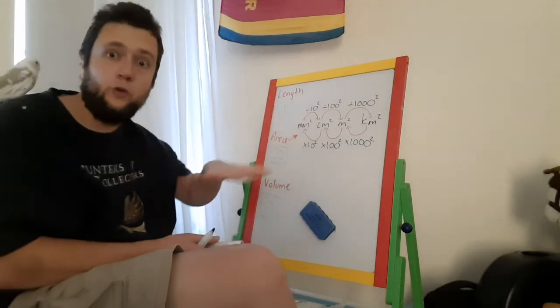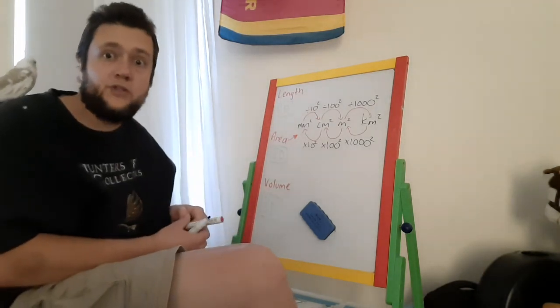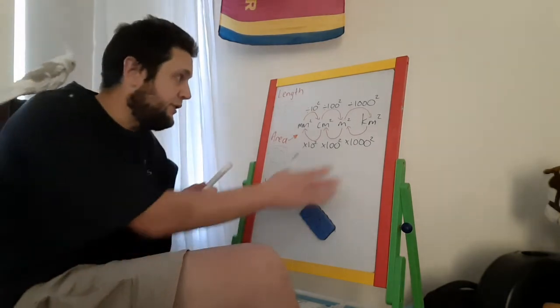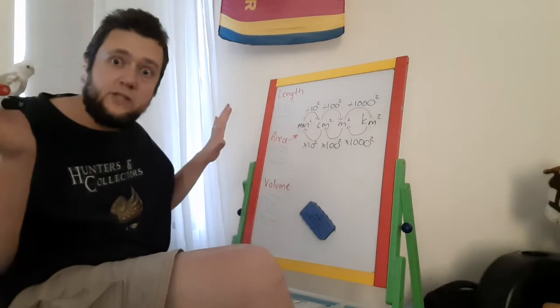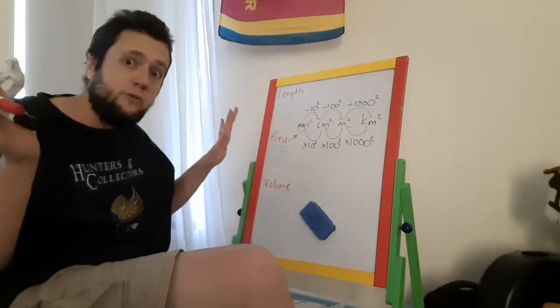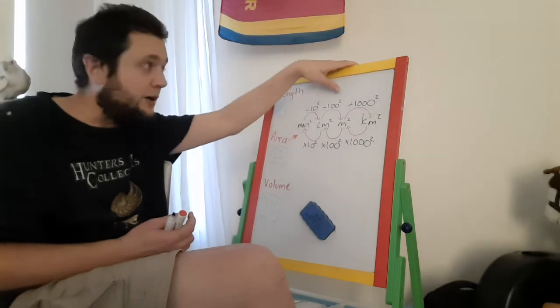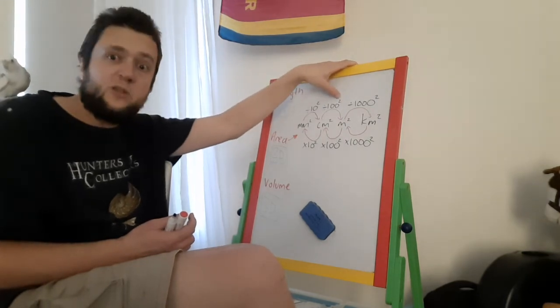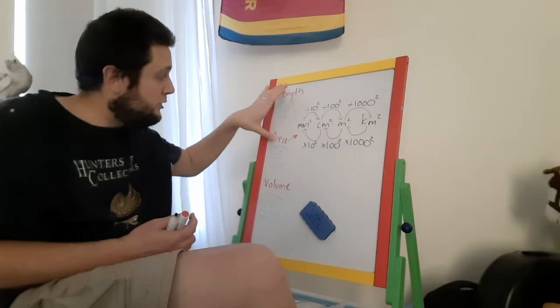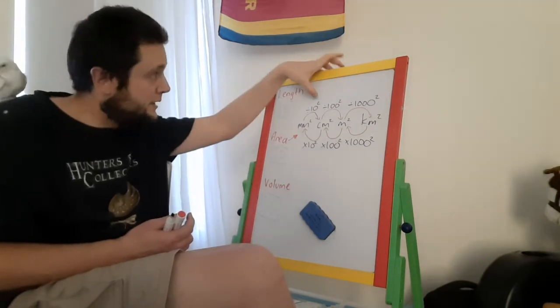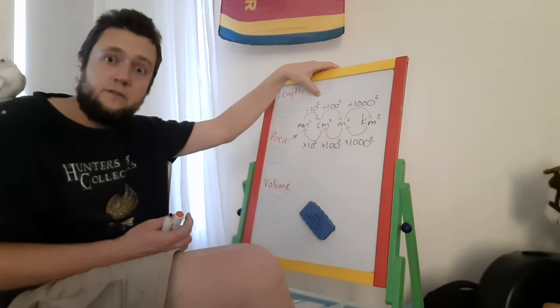I represent my floor or my wall, or the surface on that book that's holding my phone in place, or the surface on this board. It's now a two-dimensional space. Now what we do in our unit conversions is what we multiply or divide by, it gets squared. That's it. Two-dimensional, square the conversion. The units are squared, the conversions are squared.